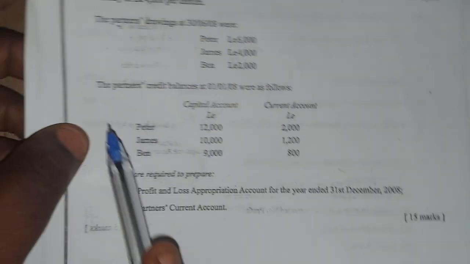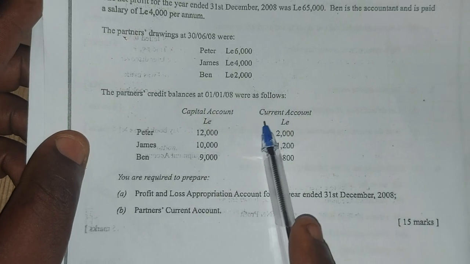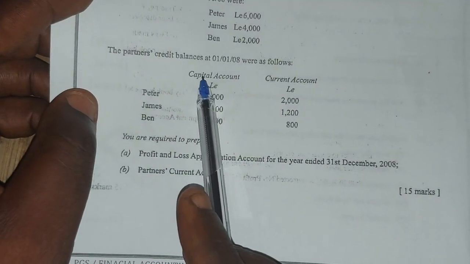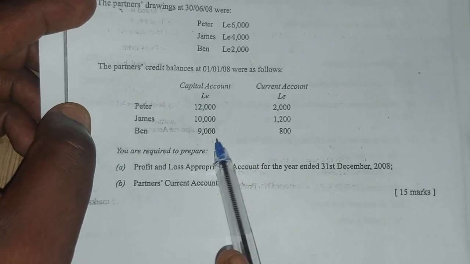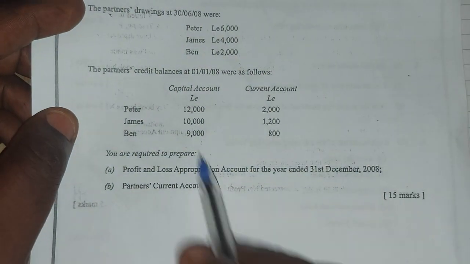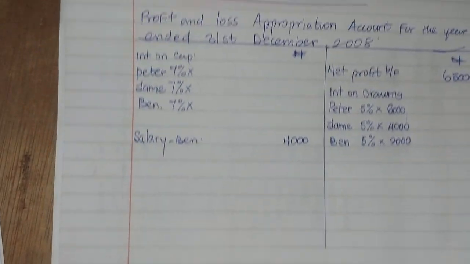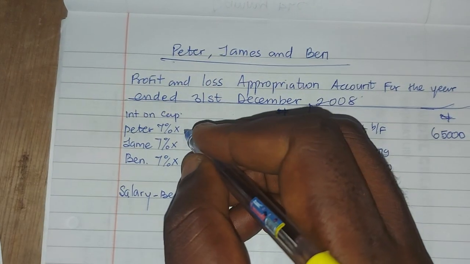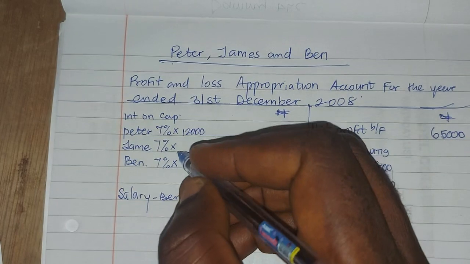Then we are told that the partners' credit balance is given. That is capital accounts. So this capital account will be used to calculate the interest on capital. So let us do that. You fix this. That's their capital, 7%, according to the question.